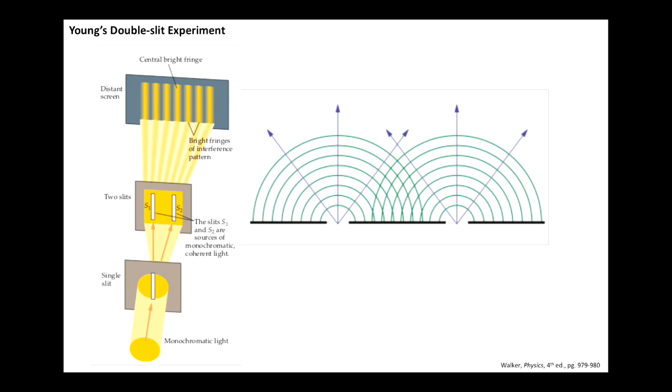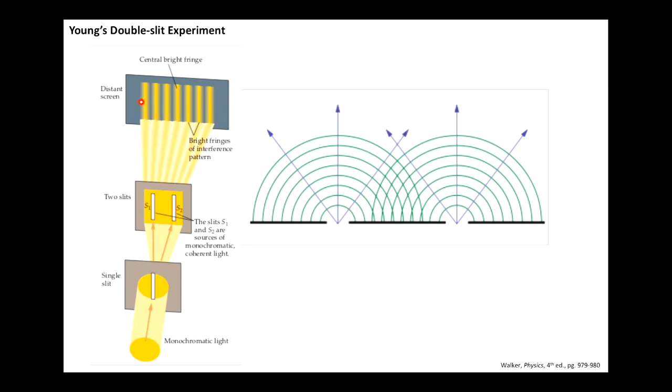Now, if you think about it, this is a lot like what we just did with the classroom and two sources of light. I've got two sources of light, which is the light coming from these two slits, and then it's going to travel a distance to the screen. But if I'm looking at this point, light to get to this point had to travel one distance from this slit, and it had to travel a different distance from that slit.